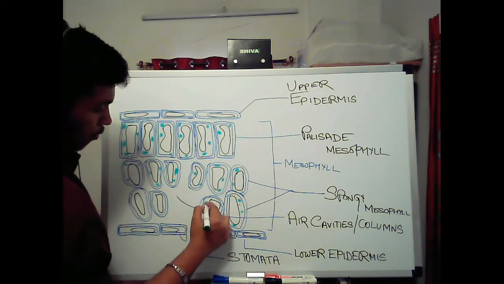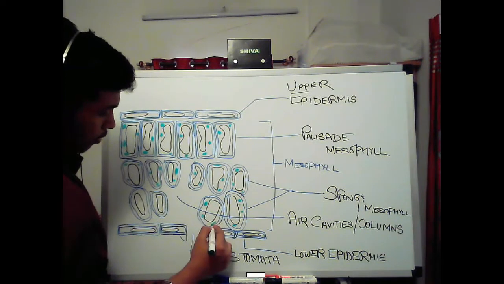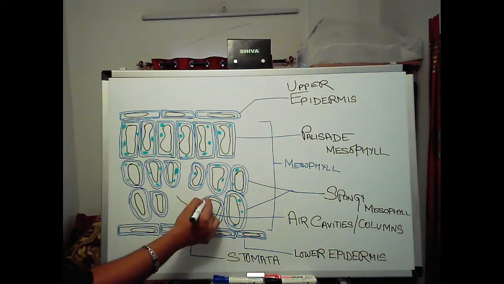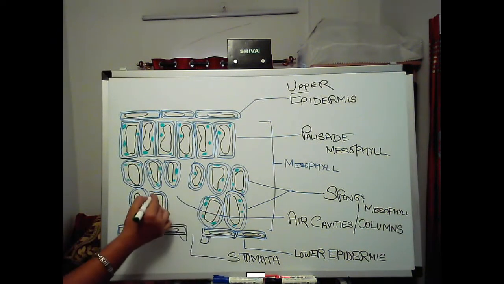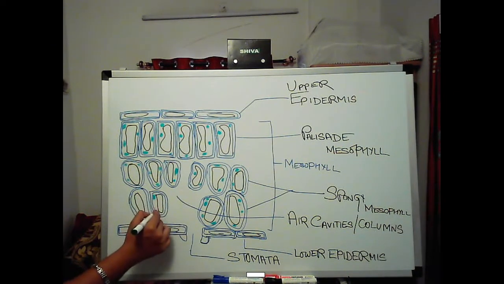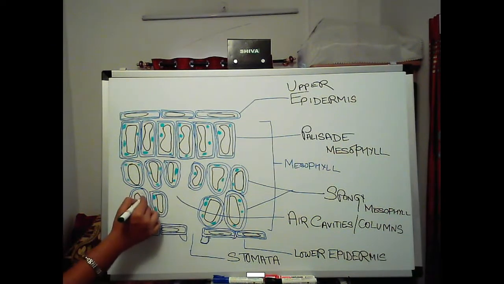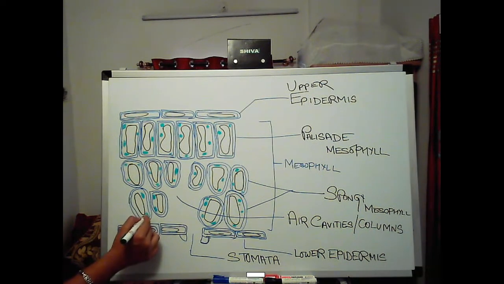Now, what are these doing? They are producing their own food through the process of photosynthesis because they contain chlorophyll. They can trap carbon dioxide.